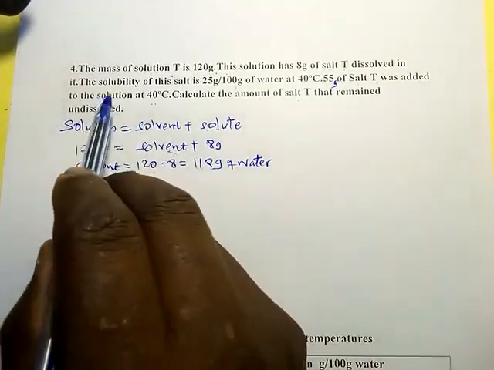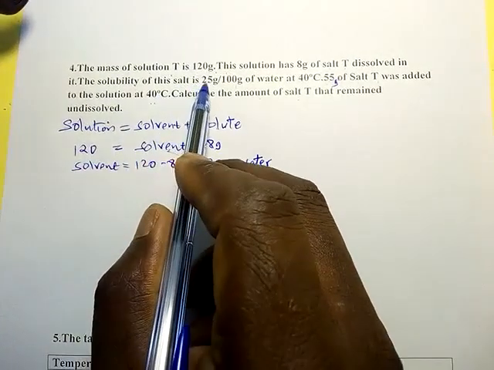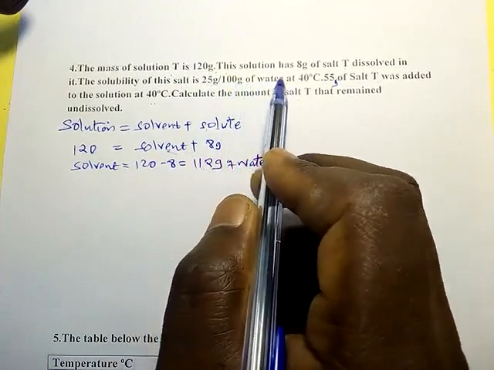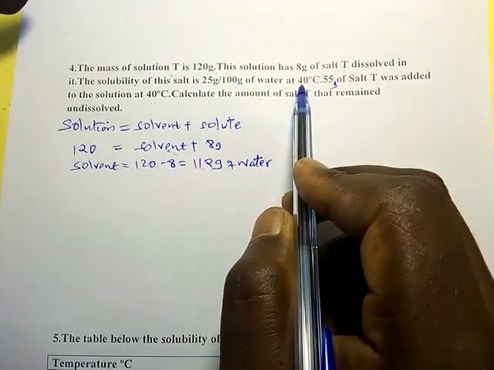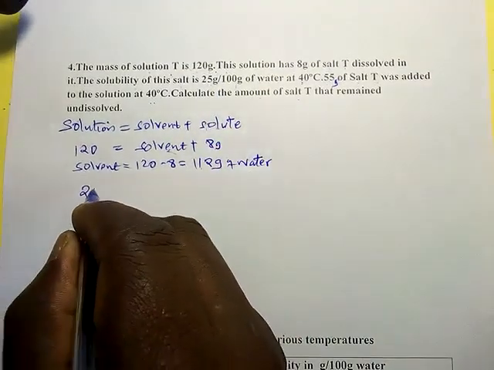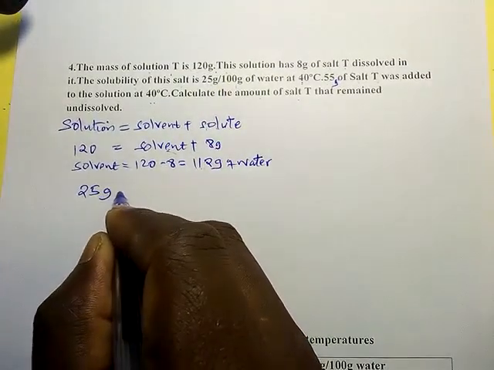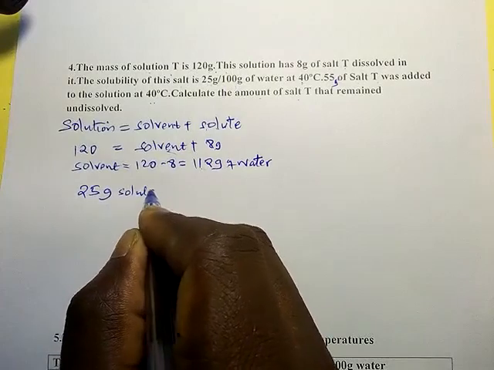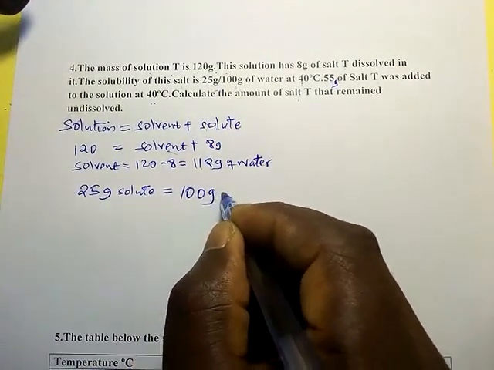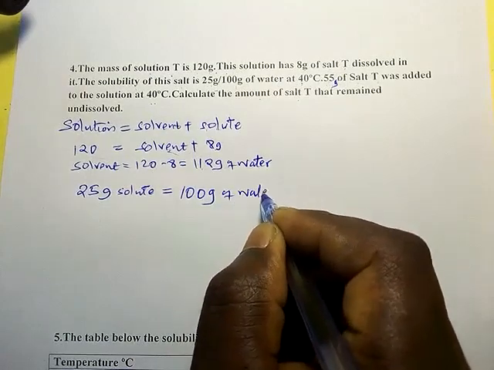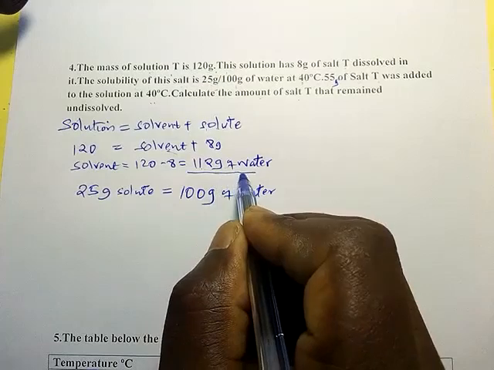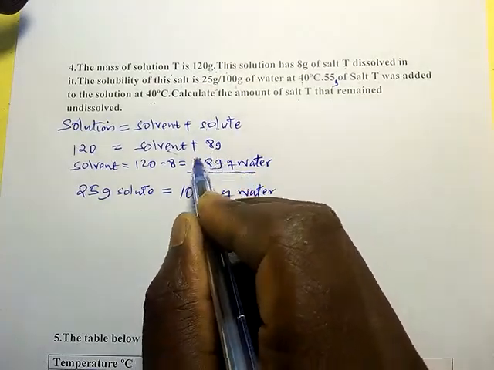But we are told that the solubility of this salt is 25 grams per 100 grams of water at 40. So the next thing we are going to ask, we know that 25 grams of the solute, that is the solubility, is contained in 100 grams of water. First, we want to know our solvent. What will be the total mass contained in this volume?